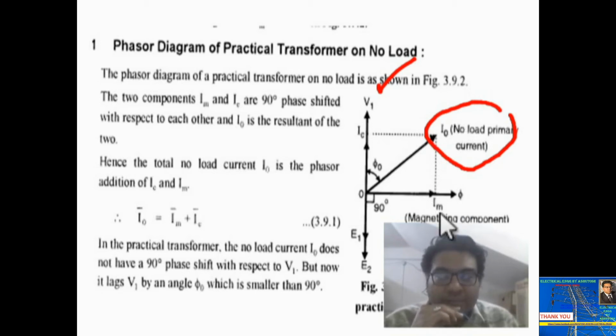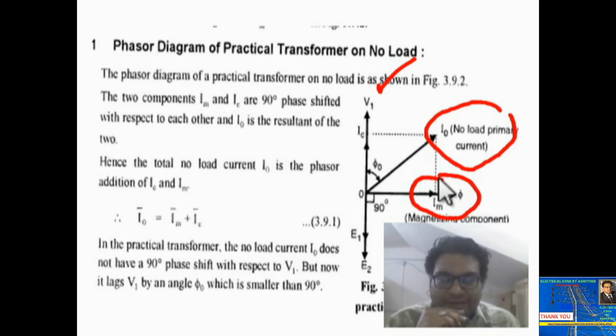One part of this current, that is called the magnetizing current, will induce flux in the windings. See here, approximately equal to 90%. Okay, and then some part of this no load current, like IC, suppose 10%, will produce heating loss in the iron core of the transformer.